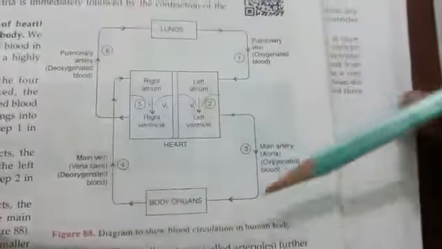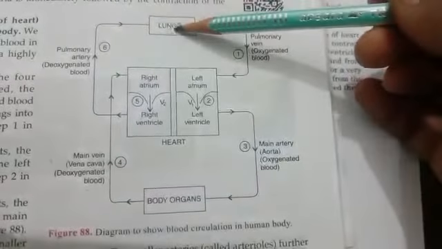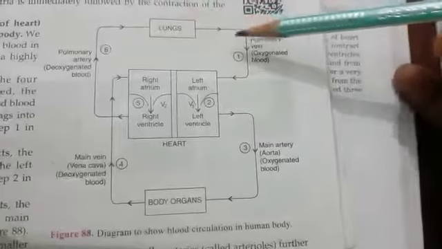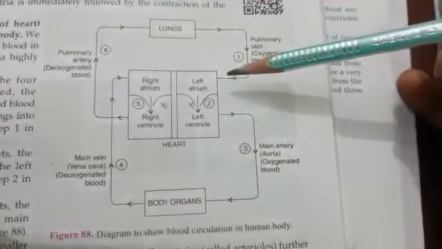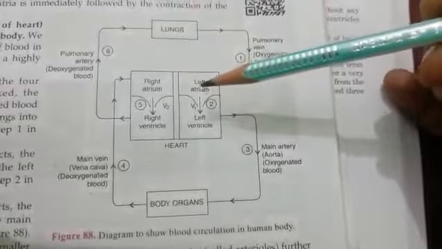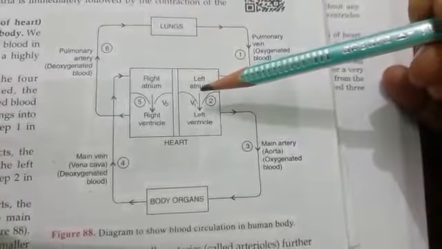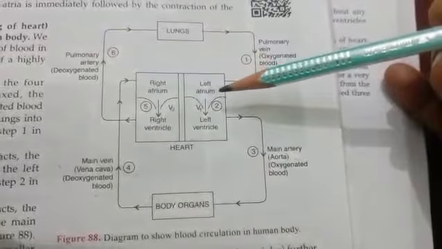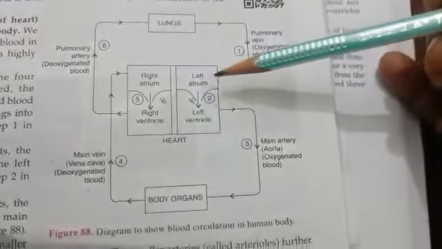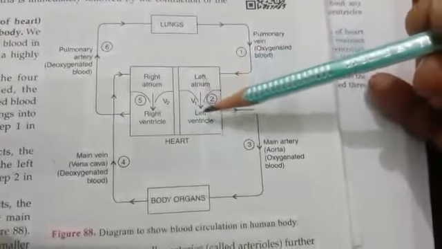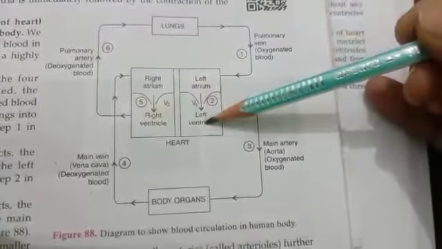In the figure we can see that from lungs, pulmonary vein carries oxygenated blood and it goes to the left atrium. During receiving blood, the left atrium of the heart expands and after that it contracts. Contraction creates a pressure, then blood goes to the left ventricle.